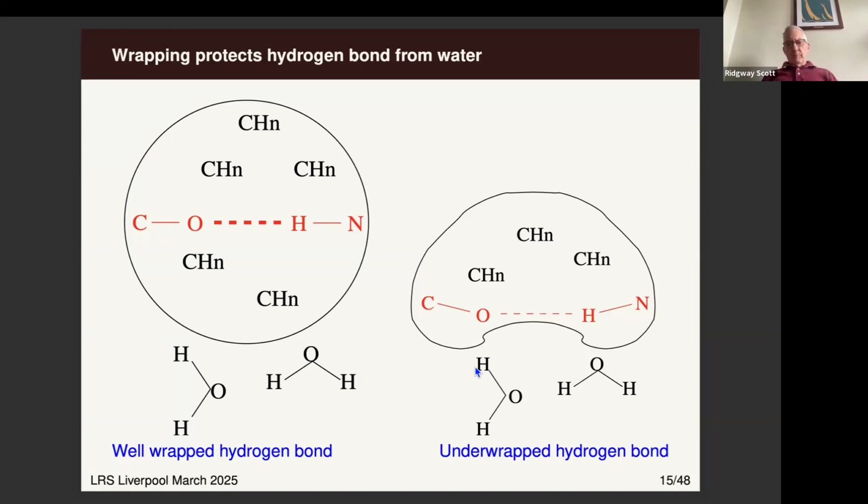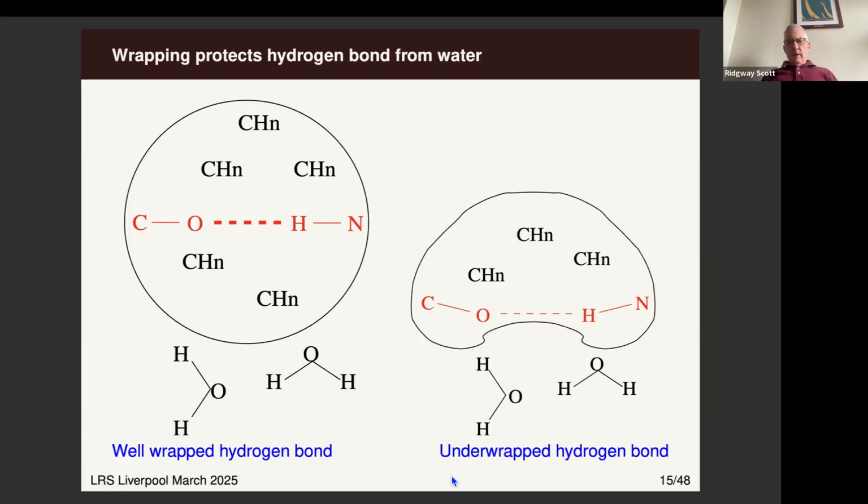By contrast, suppose we lose some of those so-called wrappers, and we're left with a picture like this, where now the water molecules can come in and interact with the constituents of the hydrogen bond. And so this oxygen interacts with this hydrogen and conversely over here, and that weakens this hydrogen bond.